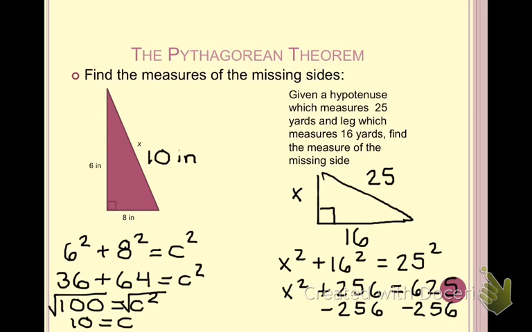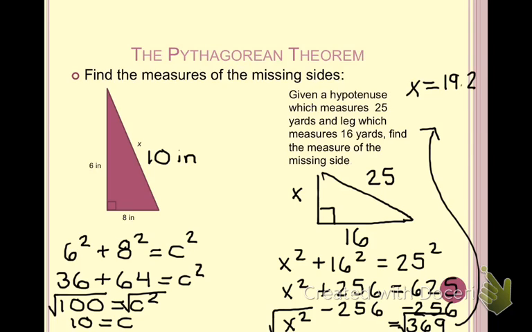I'm going to get x squared equals 369. And I need to take the square root of both sides. I get that x equals, and in my calculator I have 19.209372. So I'm going to round that to 19.2 yards.